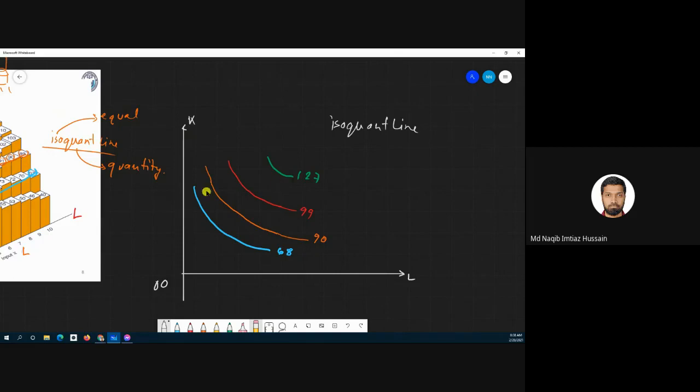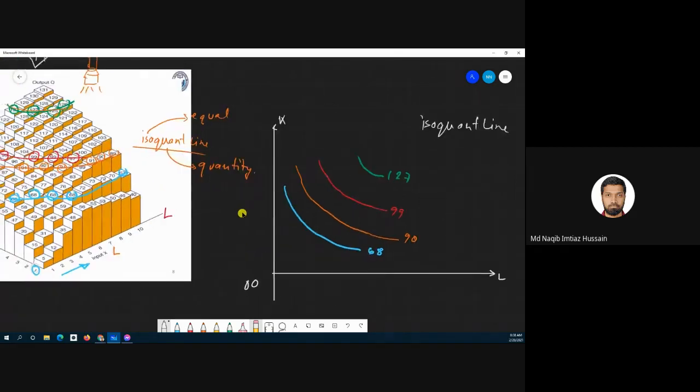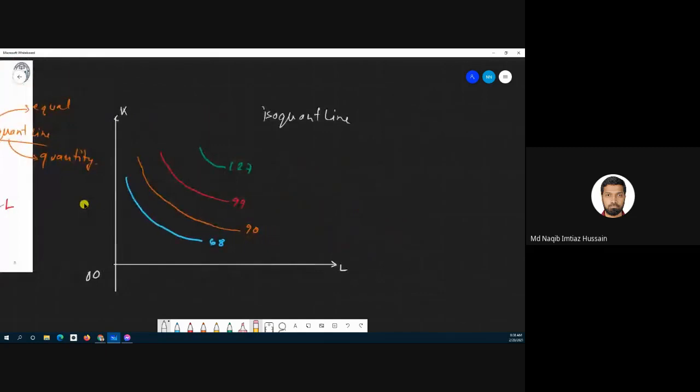See that? Now if you want to expand your business, let's say you are operating at this point, okay, and if you want to expand it, you will be jumping to this one, and then you jump to this one, and then you jump to this one.